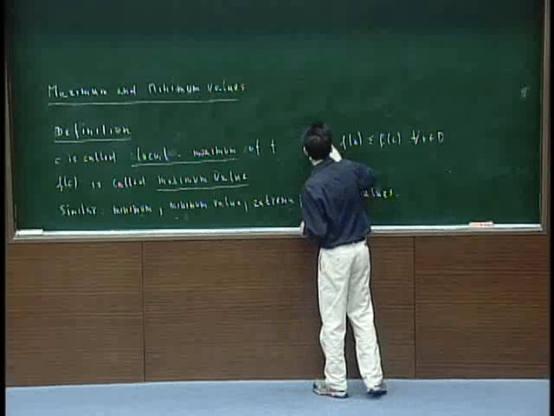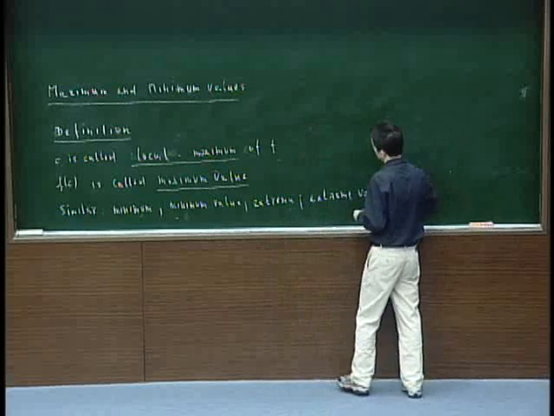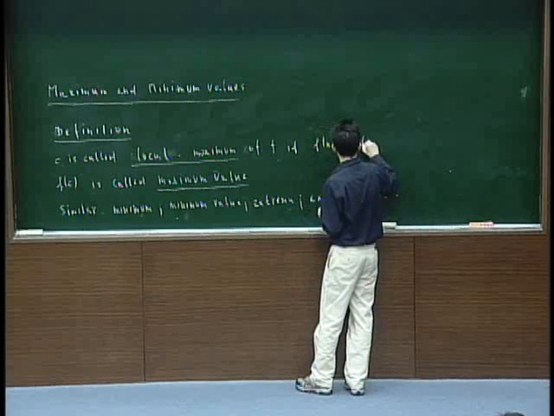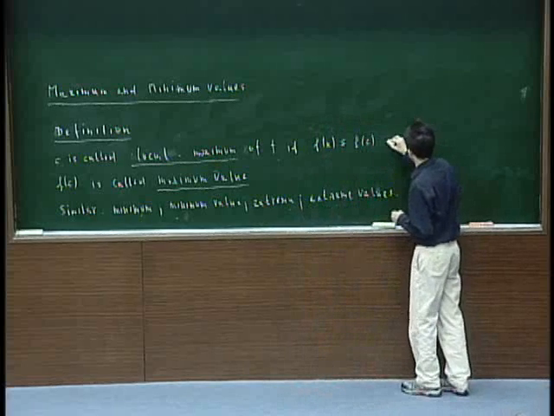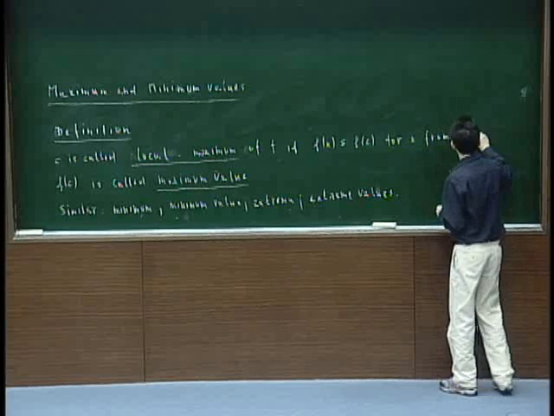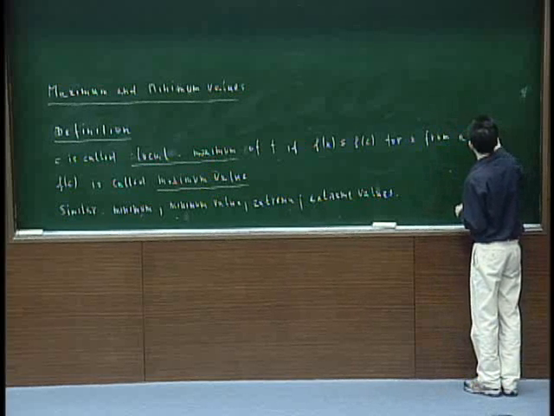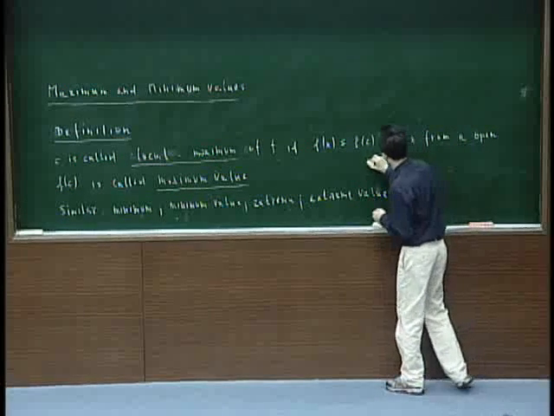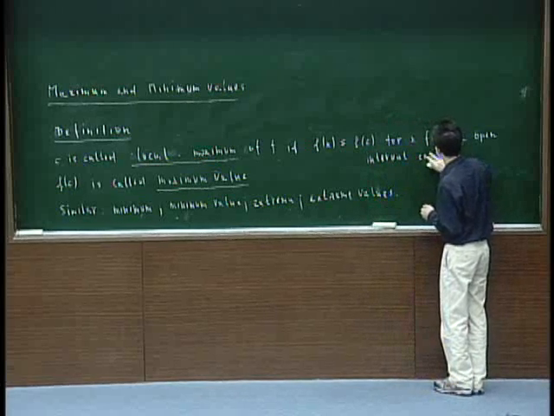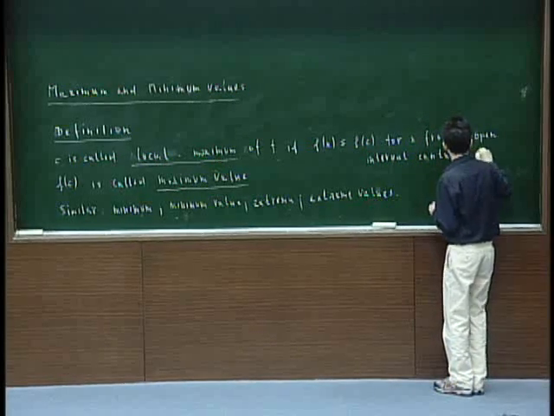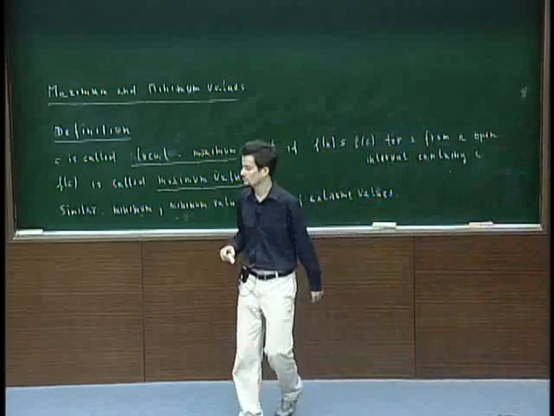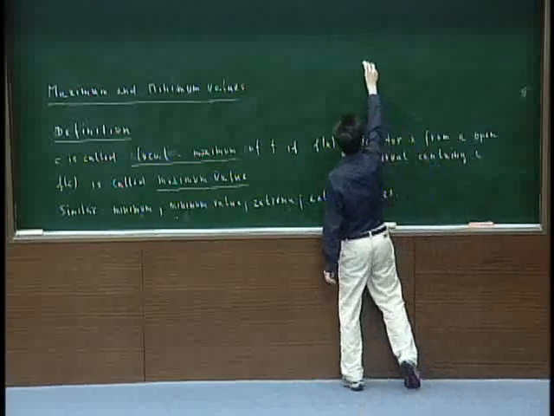You do not have to write on D. If f of x is smaller or equal than f of c for x from a closed interval or open interval containing c. Okay, so here you need an interval around c. This is something which sometimes causes confusion.